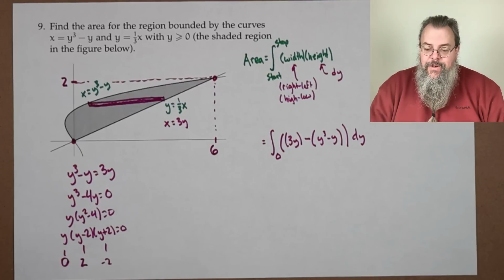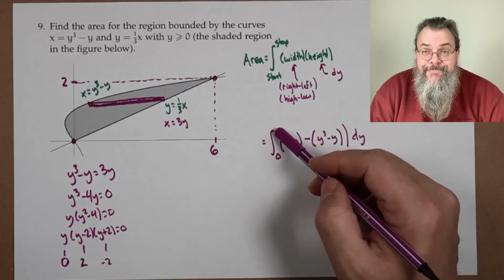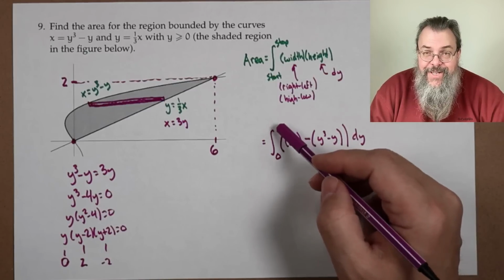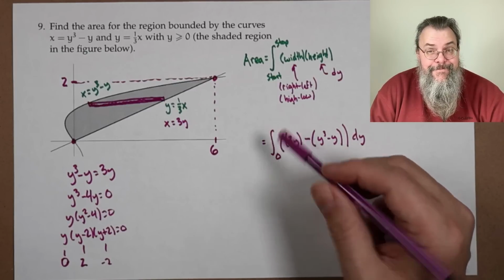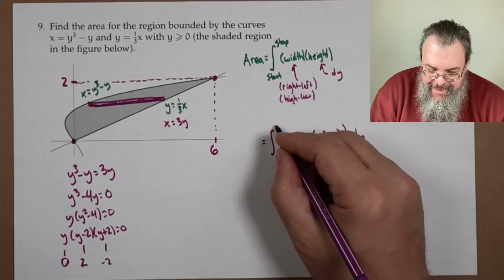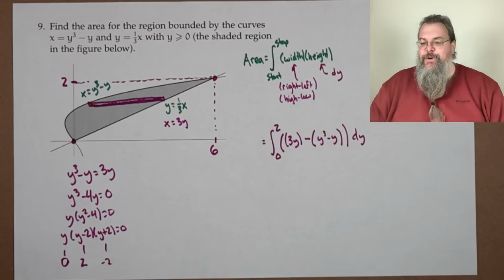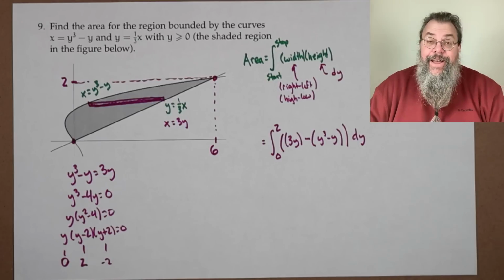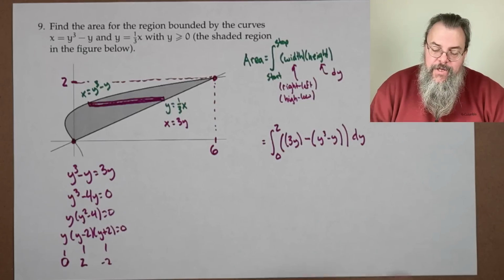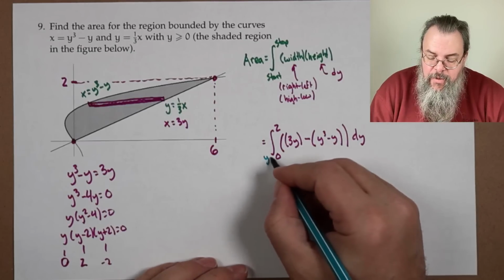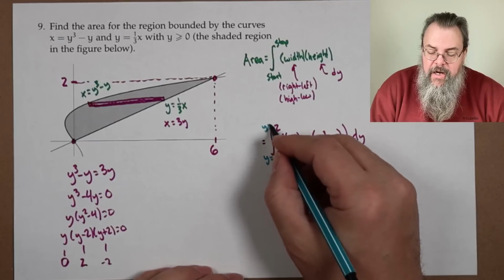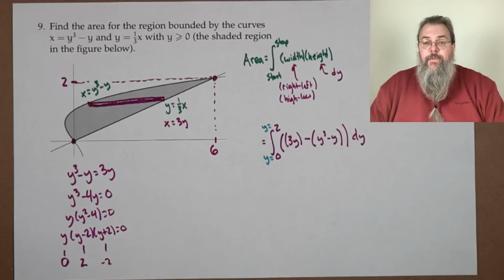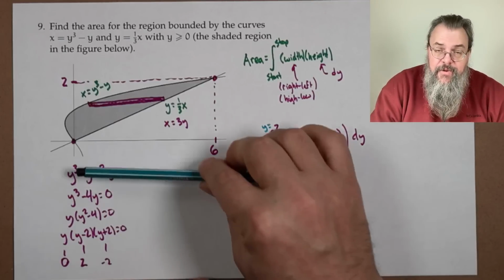So what number goes here? 2 or 6? 2. How do we know that? Because it's an integral with respect to y, everything's in terms of y, which includes bounds. So it's y equals 0 to y equals 2. We want to talk about where y goes from, and it goes from 0 to 2.